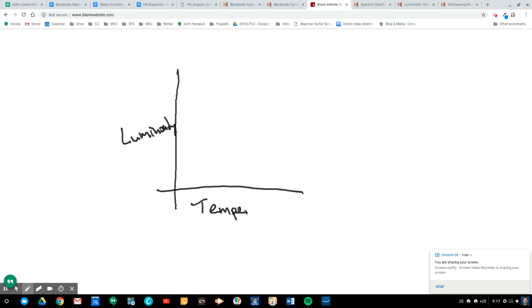Now, the tricky thing about an HR diagram, and this is more for historical reasons than anything else, is that low temperature is over here. So let's put 1,000 Kelvin over here, and then 30,000 Kelvin over here. So they flip the scale, and that's just the way astronomers used to make it.